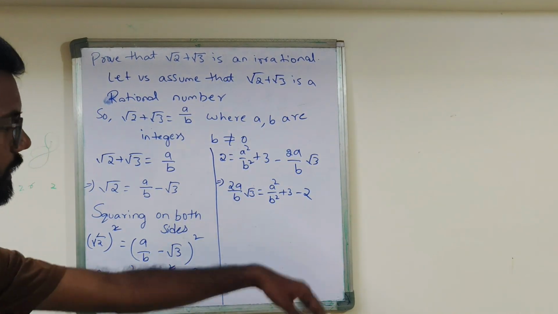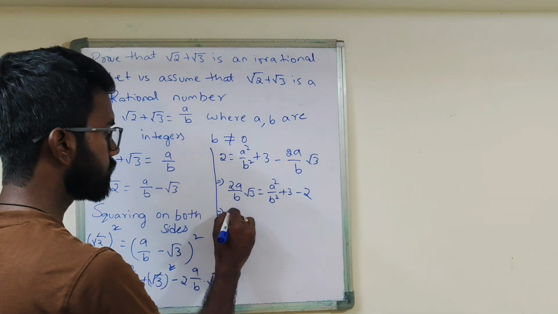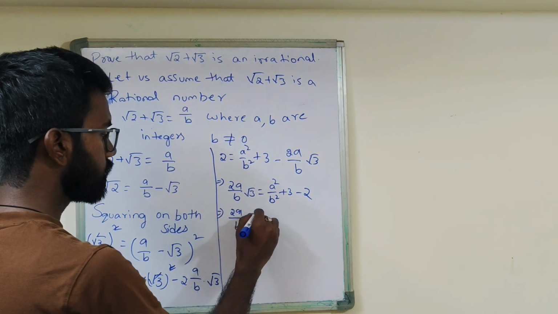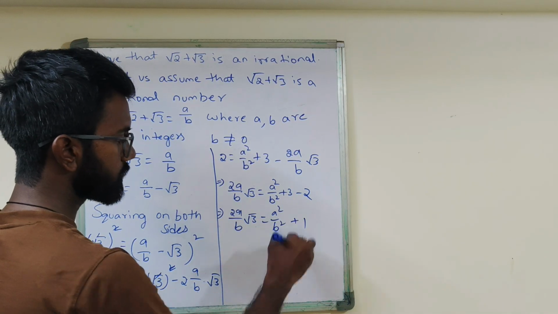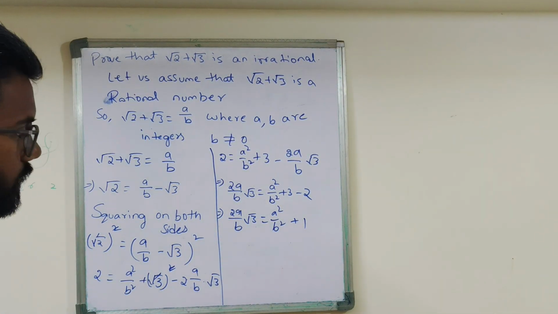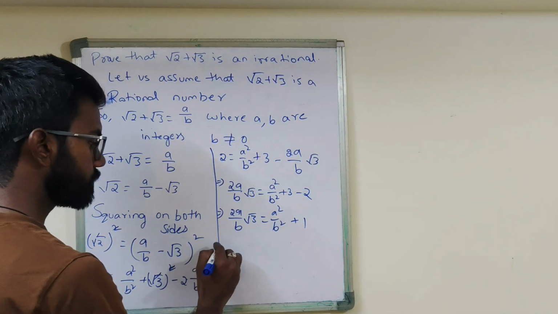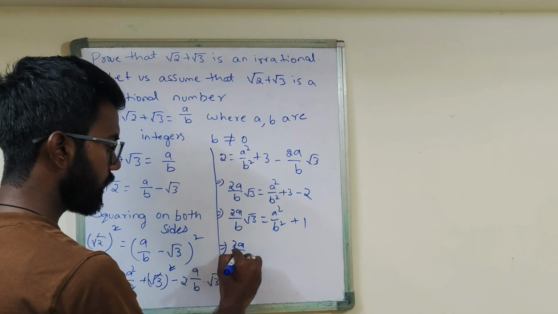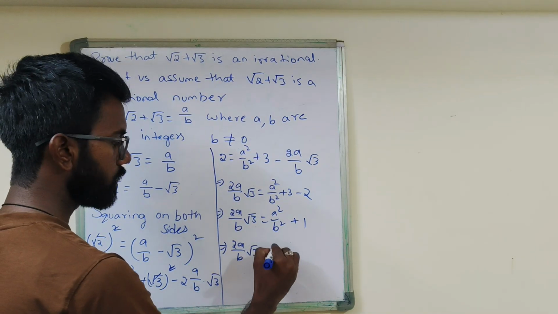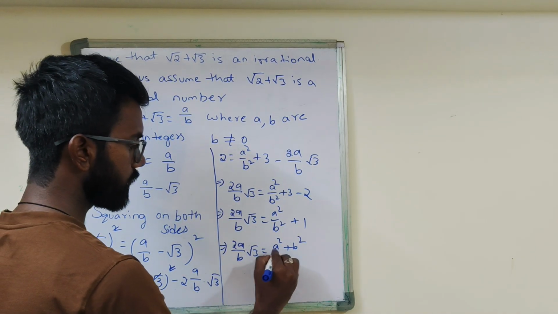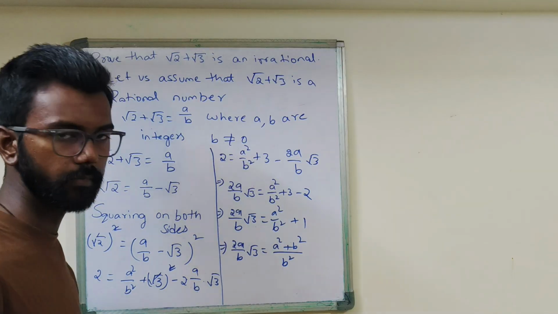Got it? 3 minus 2, how much? 3 minus 2 is plus 1. Now do the LCM. 2a by b root 3 is equal to a square plus b square by b square.